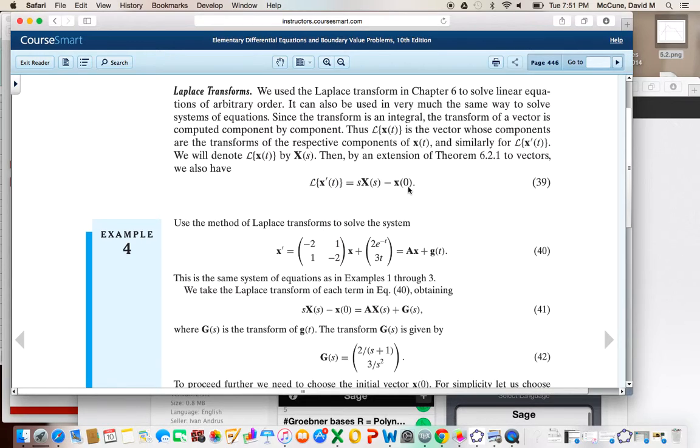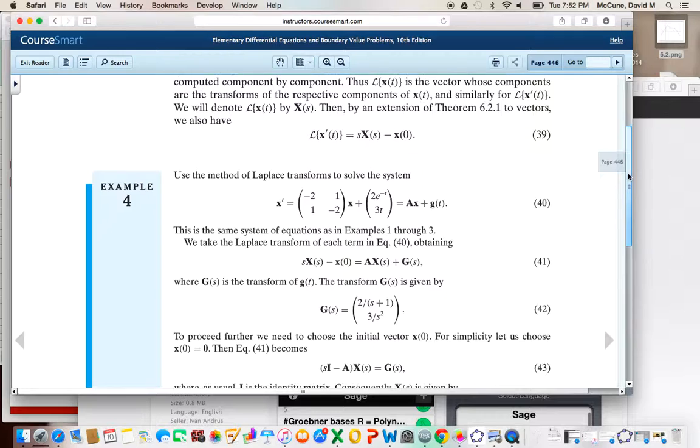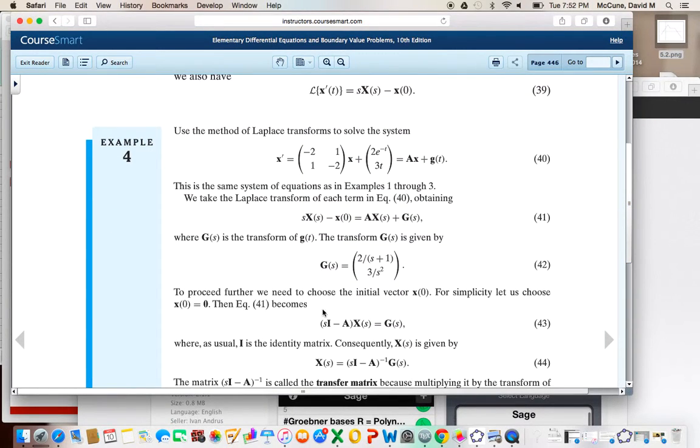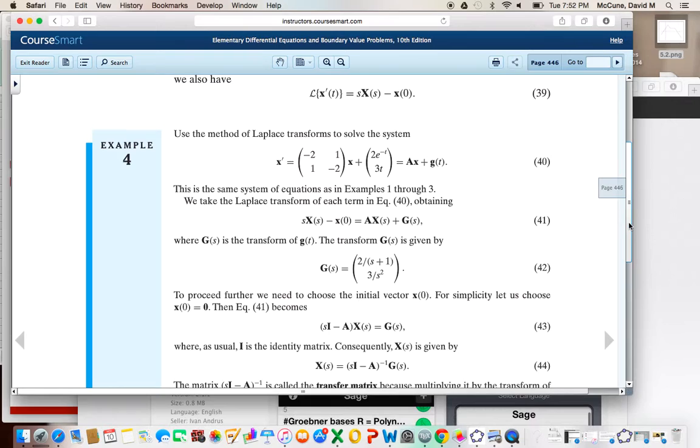Minus the value at 0 of your solution x. So just like in chapter 6, if you want to use Laplace transform, you have to have an initial condition. So what they do in this example is they will say, let's just assume that x of 0 is the 0 vector. That's a perfectly fine initial condition to slap on if you want to use Laplace transform.